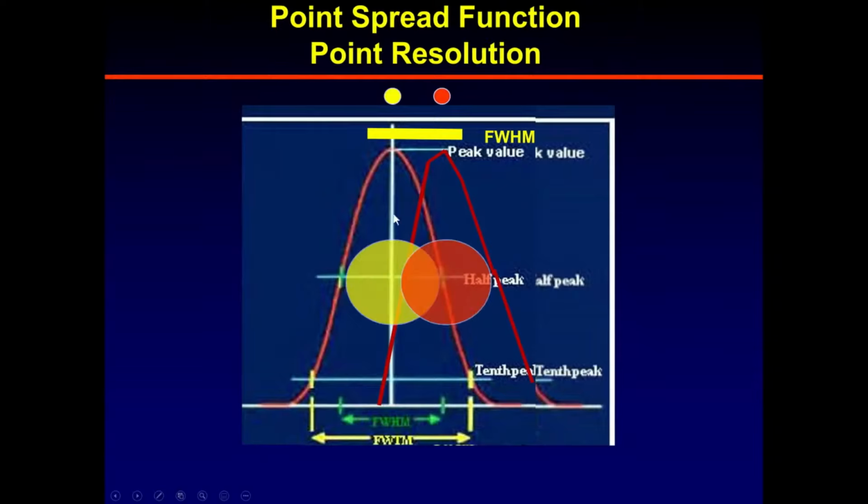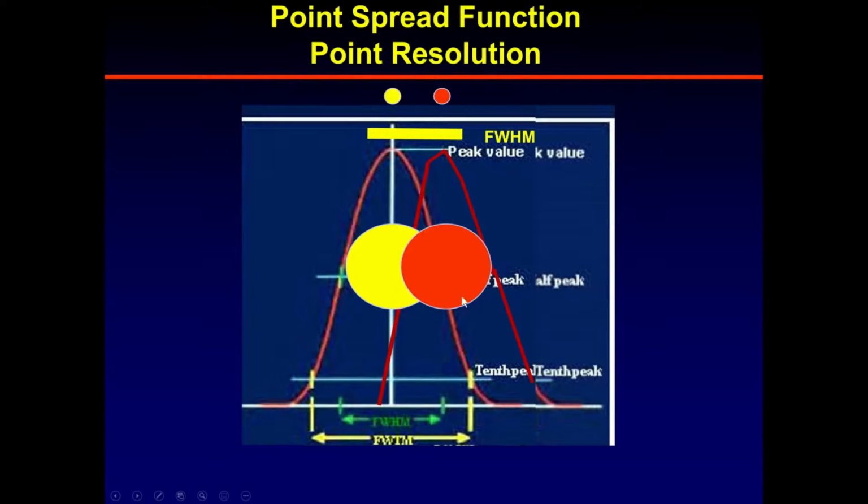And so now you'll see that there's overlap between these 2 points. In this example, the points are too close because they're within the full width half maximum, and you will not be able to discern 2 points anymore. You will only be able to discern a big blob that will just look like 1 point.